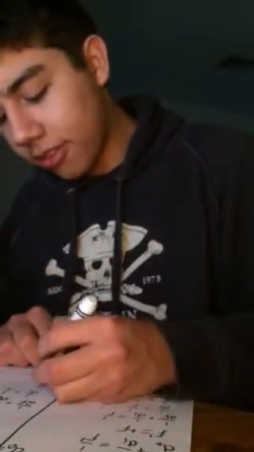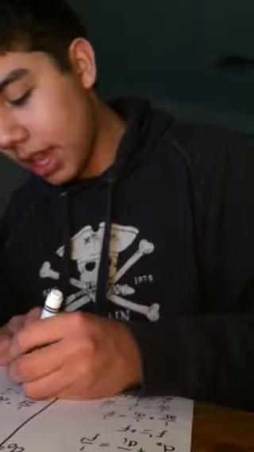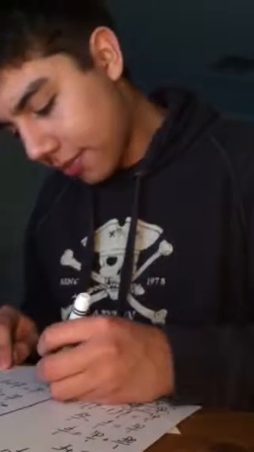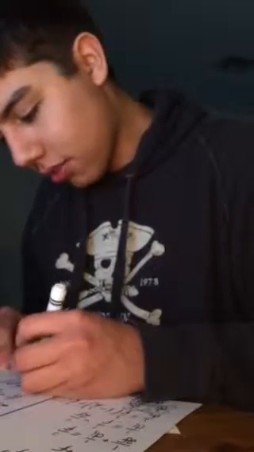And you're going to do the same thing. You're going to factor out 1 over f to get negative 1 minus 1 half, which is negative 3 halves. Then you just multiply that by 1 over f. So it should be 1 over DI equals negative 3 over 2f. So this is where I told you about the cross multiplying, where you're going to have to rearrange.